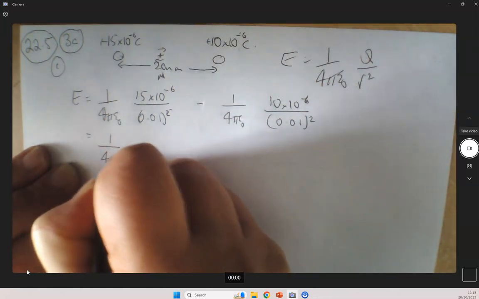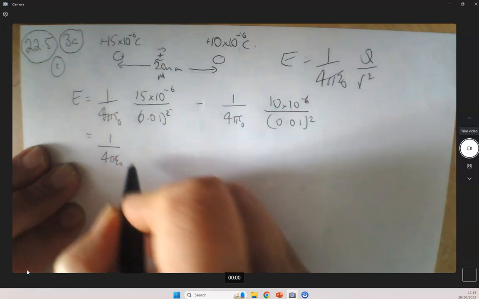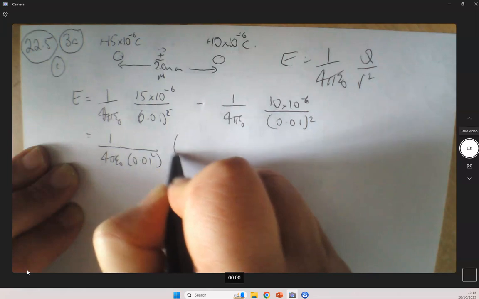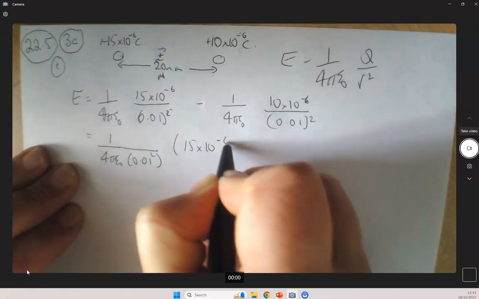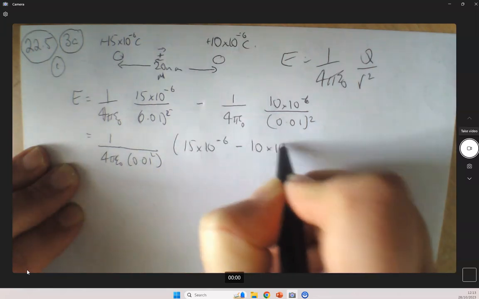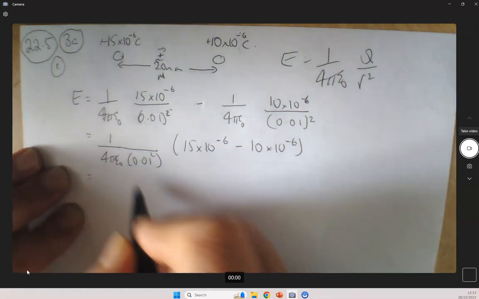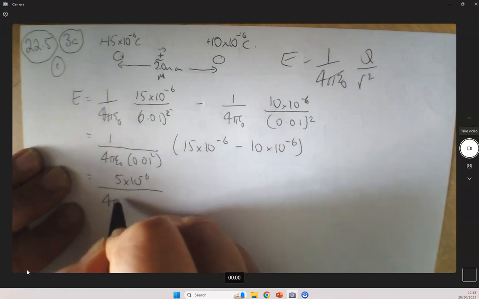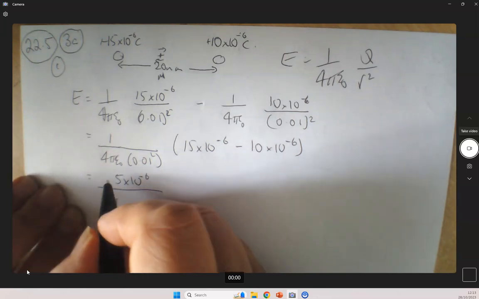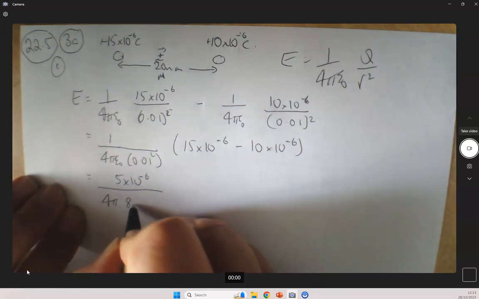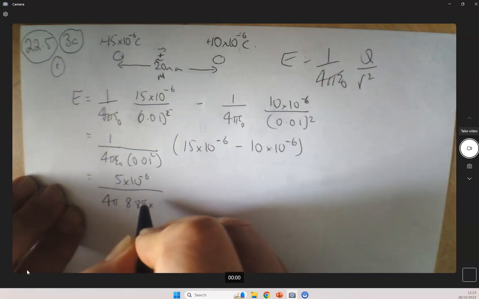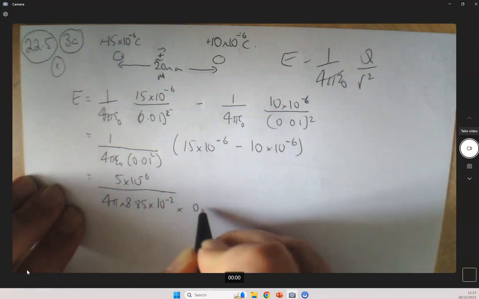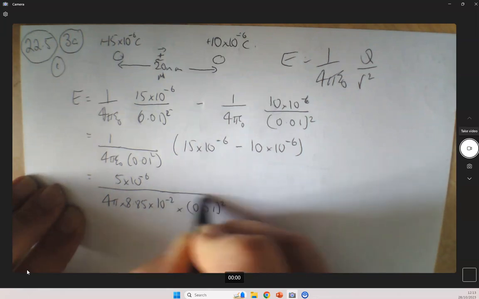So I've got 1 upon 4 pi epsilon naught times 0.01 squared, and that's going to give me 15 times 10 to the minus 6 minus 10 times 10 to the minus 6, which will give me 5 times 10 to the minus 6 all over 4 pi epsilon naught. Now epsilon naught is 8.85 times 10 to the minus 12, and 0.01 squared still.